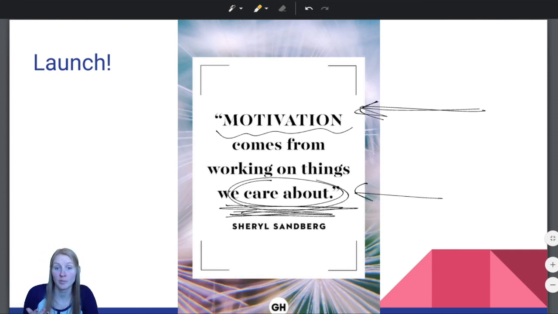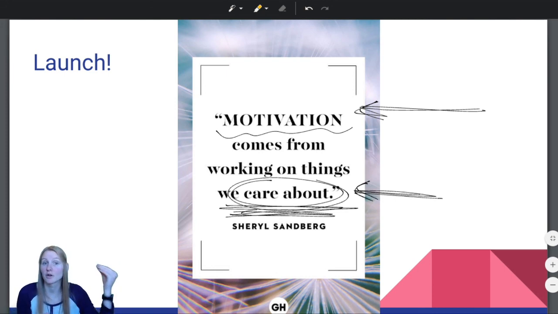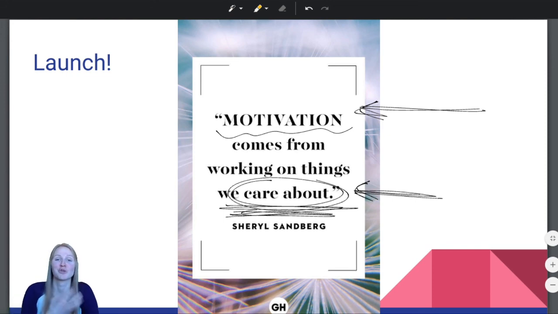If you want to write a book, care about the book. Care about the writing process. Care about the people that are going to read this book, you know? It works with anything. School, writing a book, working out, learning an instrument, learning a language, whatever your goals and your dreams are. If you want to be motivated, you need to really, really care about what you're working on.